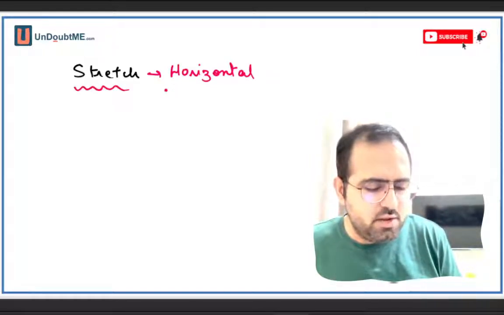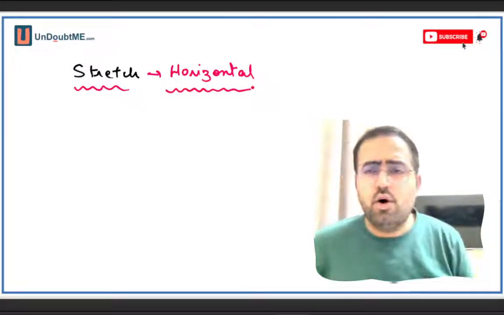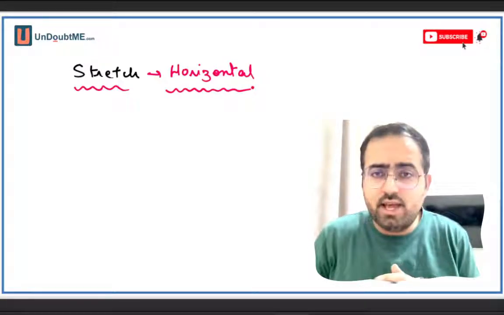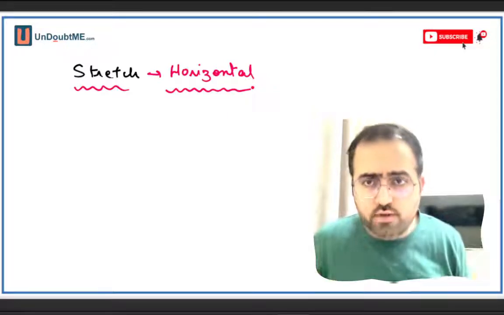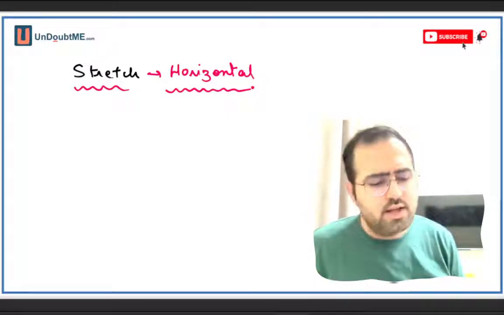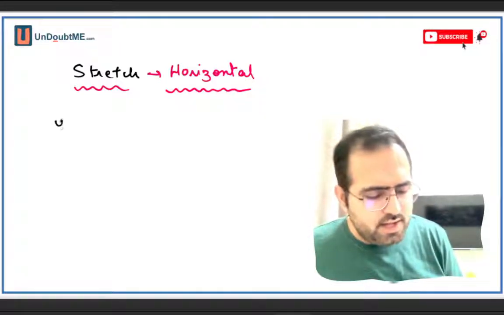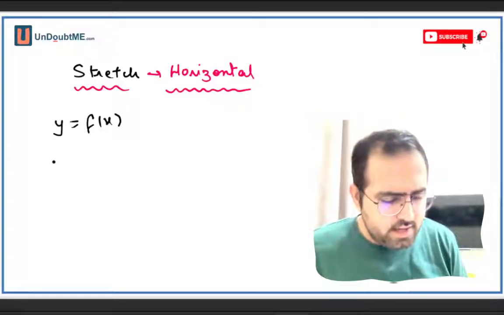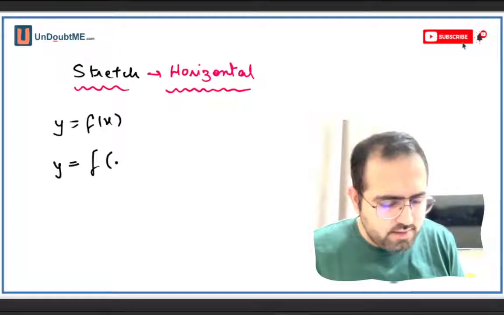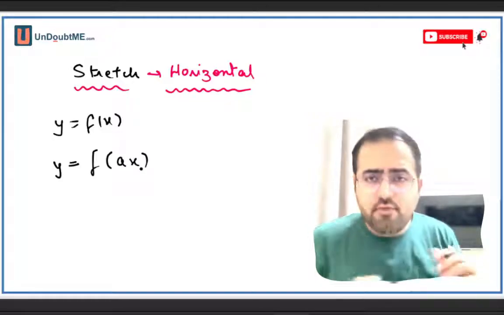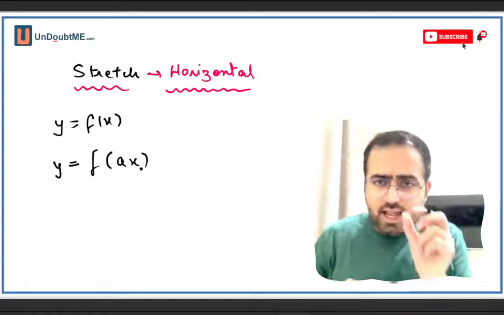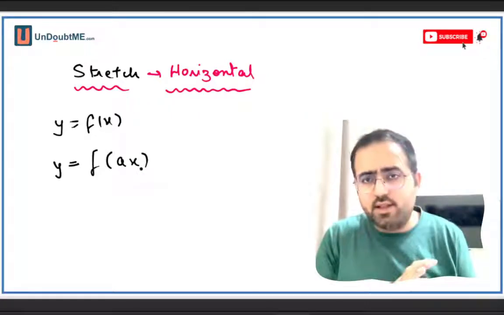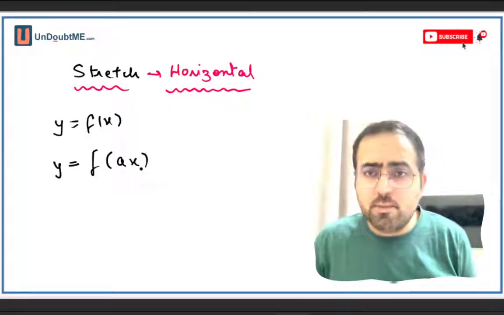What is the meaning of horizontal stretch? Horizontal stretch means it will be either expanded or compressed horizontally. How does it look? Let us understand. If I take y is equal to f(x) as the function, and I write y is equal to f(ax), it means that a, which was multiplied outside in the previous case, is now being multiplied inside.